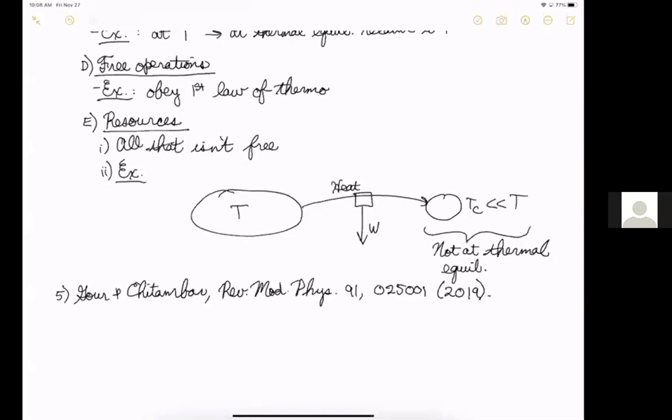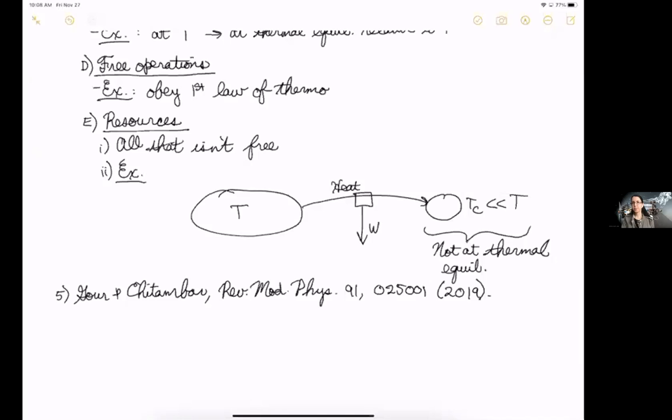When I hear free operation, I would think that is something that I can do for free, so I wouldn't create a resource. However, in your example, obeying the first law, I think that you can perform some work, for instance. So that's my question. In a free operation, do you have to be unable to create a resource, or is it anything that obeys the restrictions that you put in your scenario?